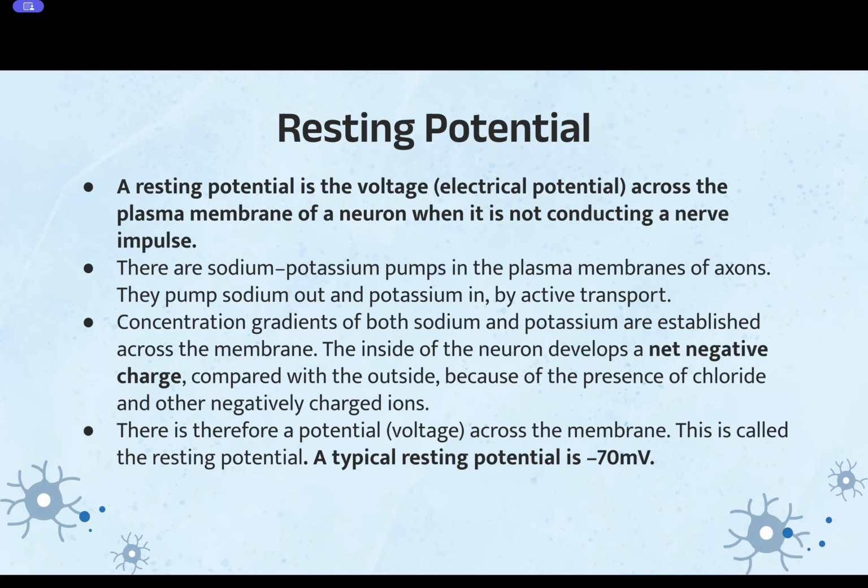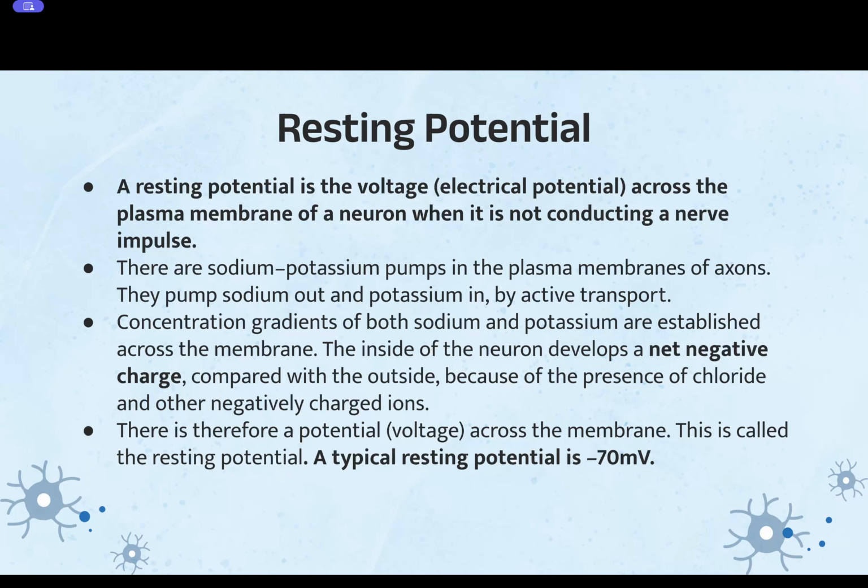Because a concentration gradient exists, a voltage exists. Sodium and potassium ions are used within the pumps, and therefore they form relative charges between the inside of the neuron and the outside of the neuron.